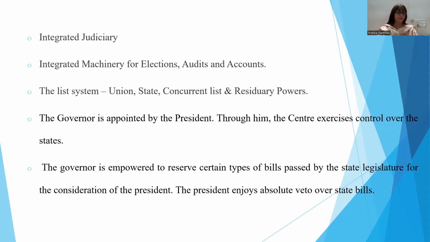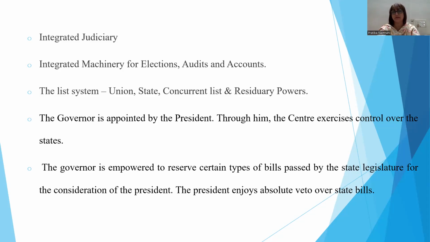Now, I'm sure you've heard of the tug of war between the center and the state. Please understand that the states depend upon the grants and aid, the financial aid which is given from the center to the states. So they depend on the money which comes from the center. But they want more and more freedom from the center.